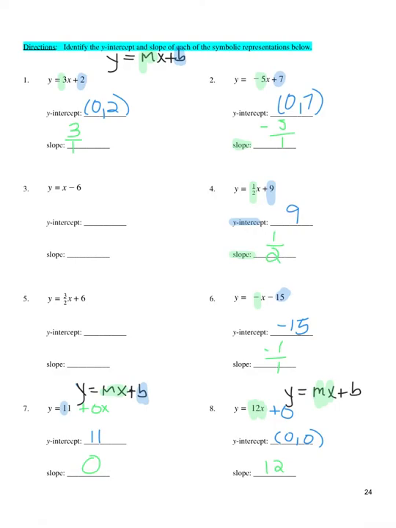Here, my intercept is 9, so we know that the ordered pair would be 0, 9. So here, my y-intercept is negative 15. We know that the ordered pair, my xy for my y-intercept, would look like 0, negative 15. And then we got our y-intercept down here, which is 11. We're just going to rewrite that as an ordered pair, which would be 0, 11.